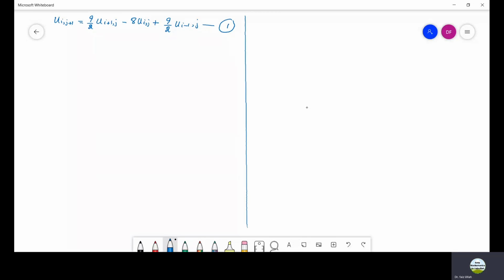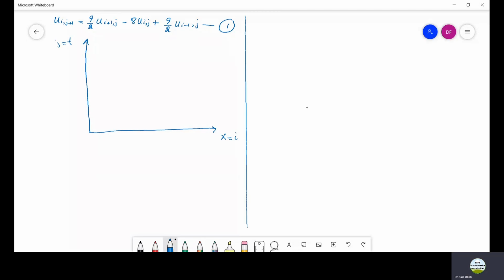We represent these values on a chart. So this is the x-axis and this one is the t-axis. We take i along the x-axis and j along the t-axis.